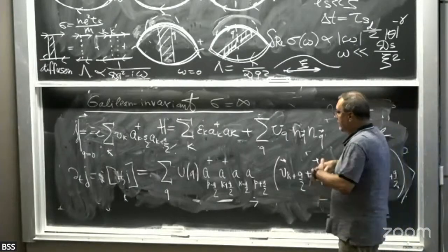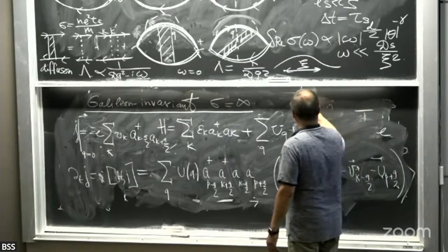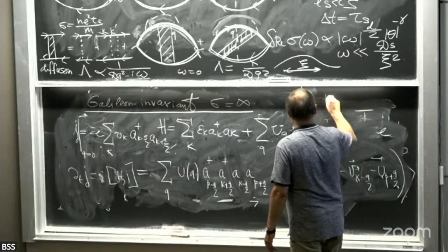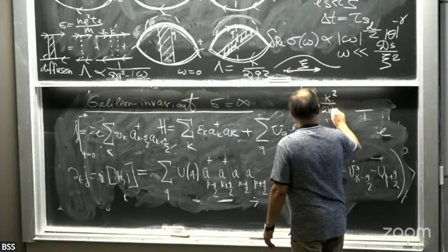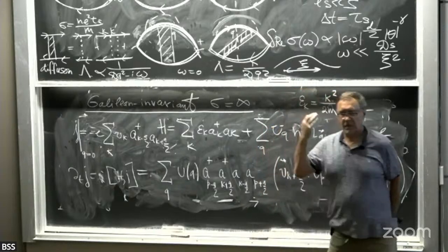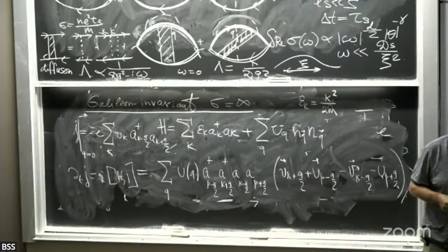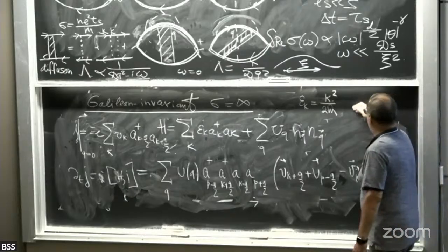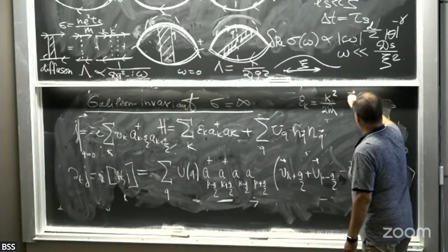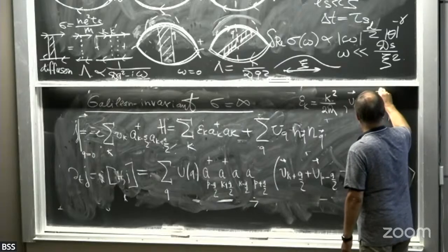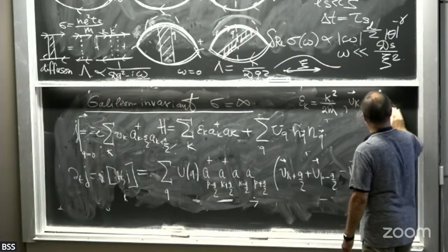Now, a Galilean invariant system, by definition, is a system with a parabolic spectrum. The mass does not have to be the free mass, but the energy has to be proportional to the square of the momentum. And velocity, therefore, is momentum divided by the mass.